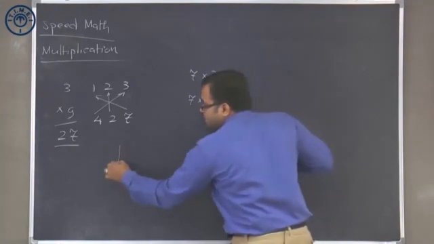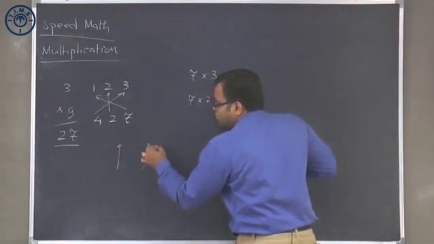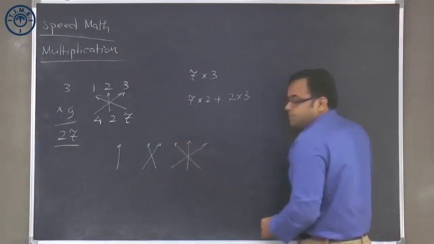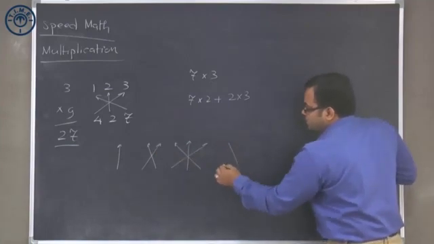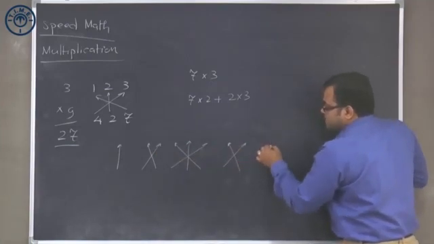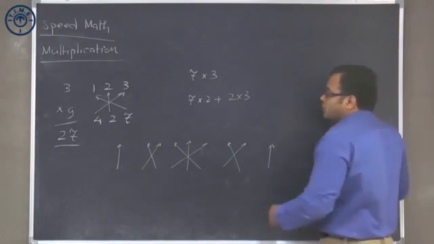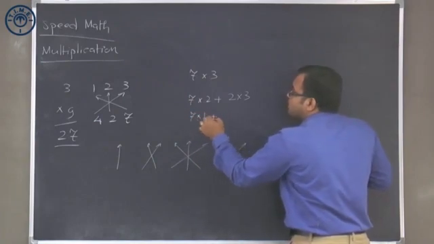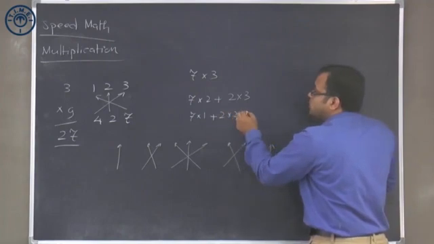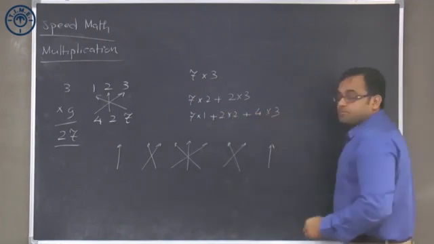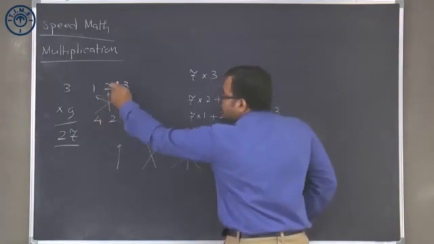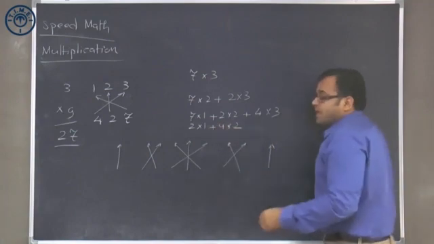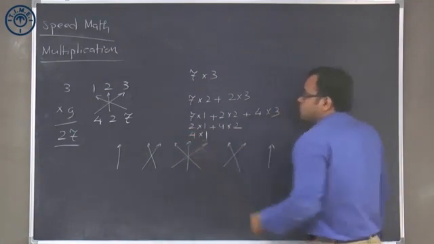So as you can see, step 1, step 2, step 3, and by symmetry, step 4 and step 5. This will be the sequence that we will be following. Step 3 will be 7 into 1 plus 2 into 2 plus 4 into 3. Step 4, 2 into 1 plus 4 into 2. And step 5, 4 into 1. So these are the 5 steps.